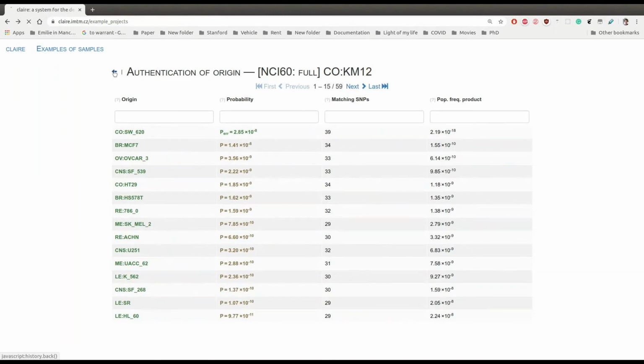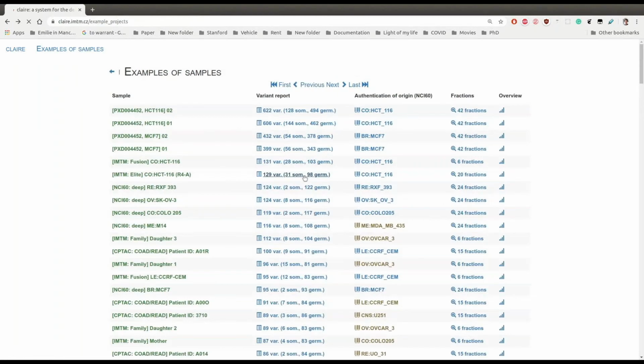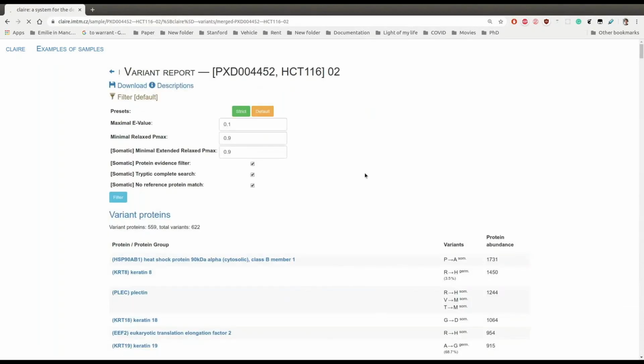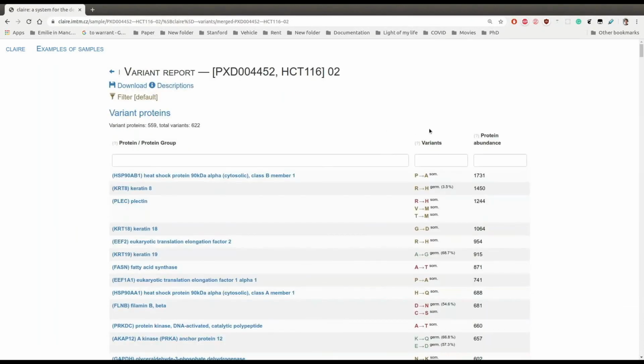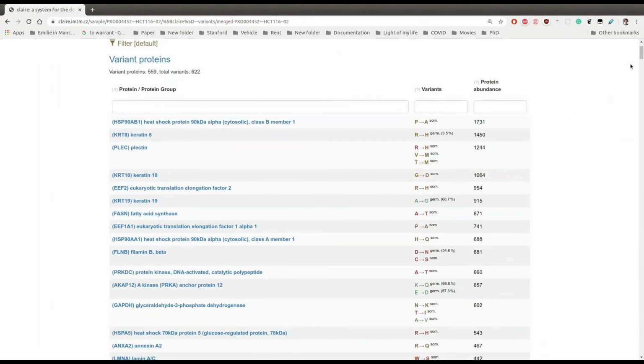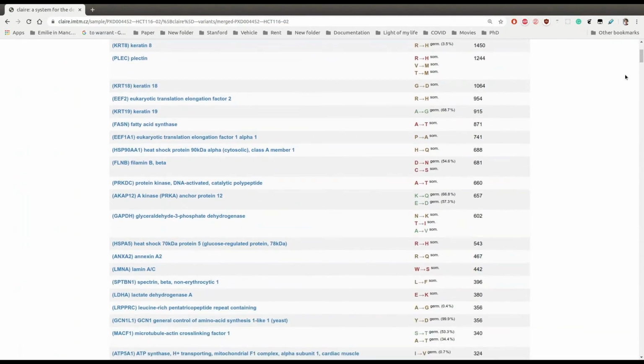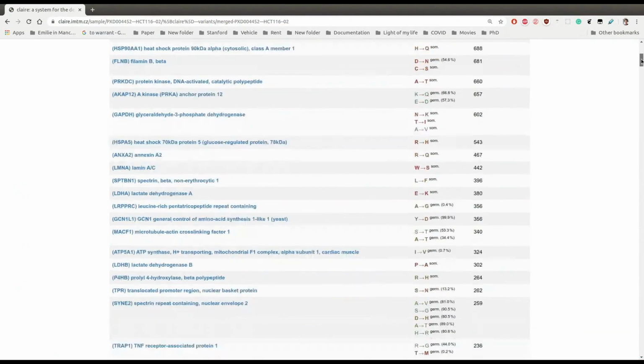Similarly, one can then go through the individual detected peptides. As in Decryptor, the interface is in some sense expanded in what it can give you. Again, basically the same. There is the list of variants, whether they are somatic, germline, the protein abundance.